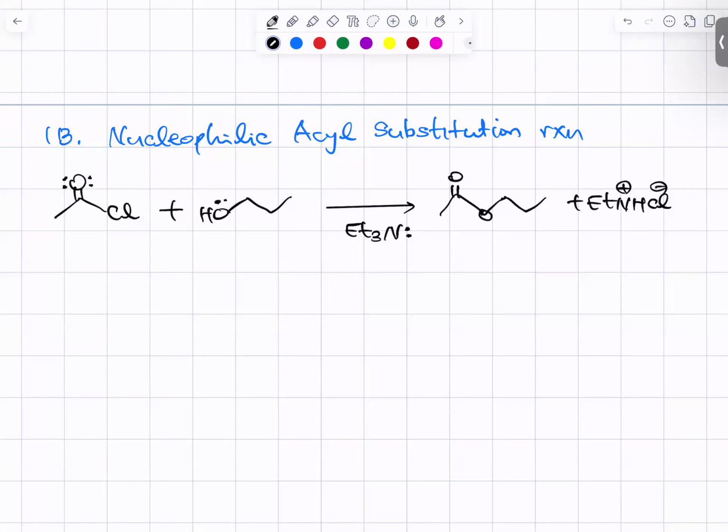So the first step is a simple nucleophilic attack as it is. Let's grab one of the lone pairs and offer it to the carbonyl carbon, pushing the pi bond up to this oxygen.